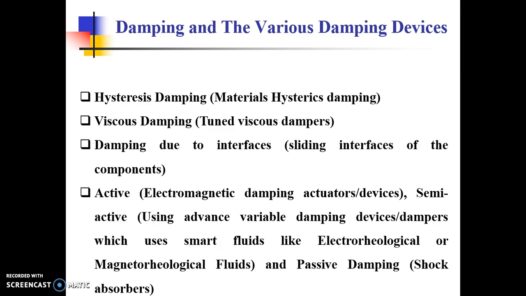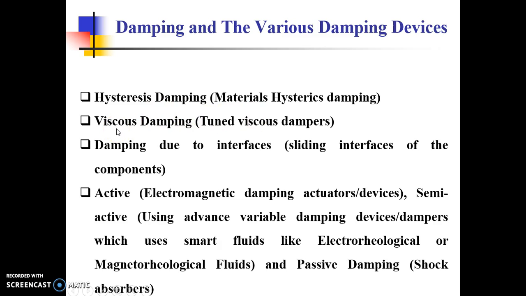Further, if we would like to know about the types of damping achieved in various systems and the associated damping devices: hysteresis damping is one of the types of damping used in many devices. In those devices, the damping is achieved with the help of hysteretic losses in the material present in the dampers or damping devices.